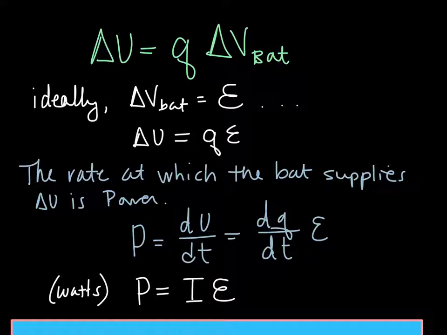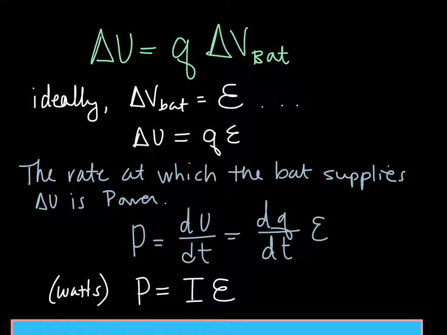Ideally, the potential difference of the battery is equal to the electromotive force. However, that's truly not the case in most batteries. Most batteries, and we'll talk about this later too, have an internal resistance, so they don't actually get the potential that it could have, I guess, is a good word for it.